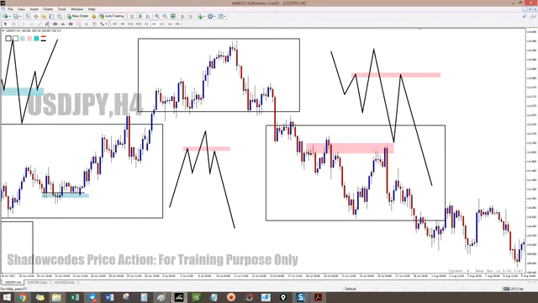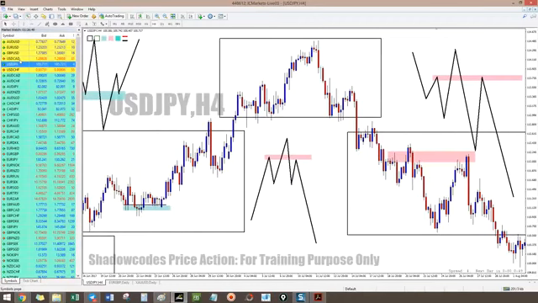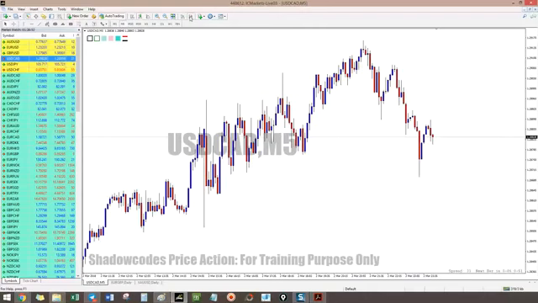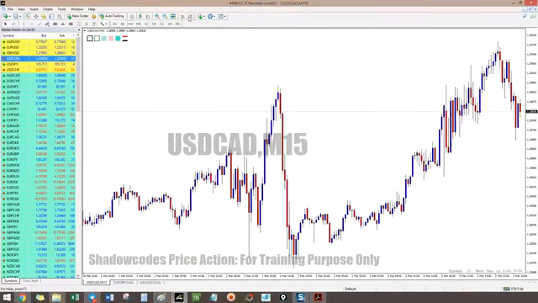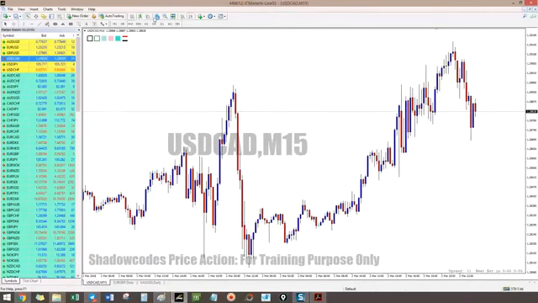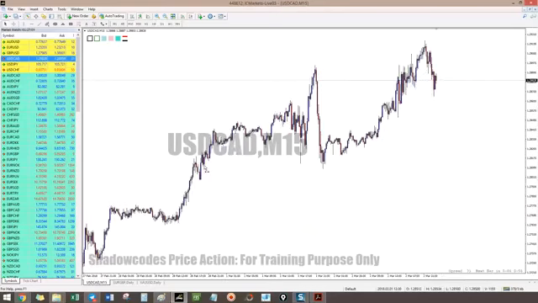You get M5 and M15. Let's look. USD CAD, M5 and M15. Okay, you want me to spot the QM or what? Let's see.